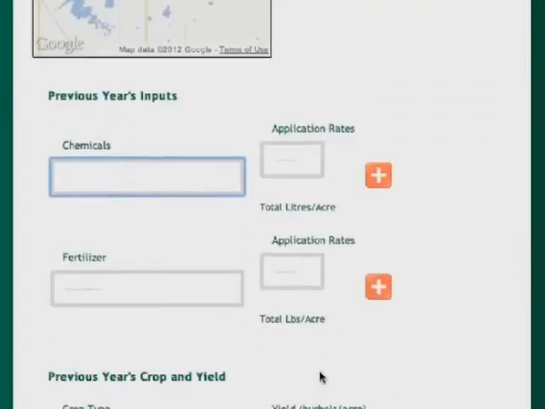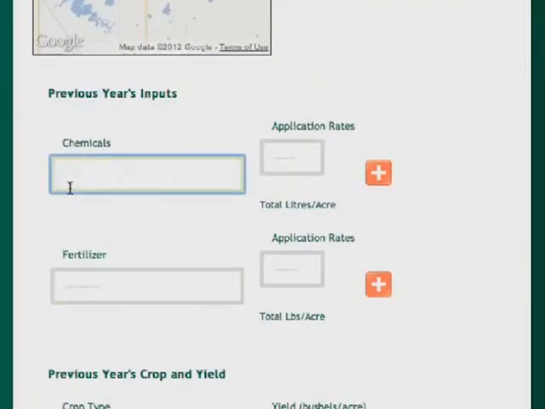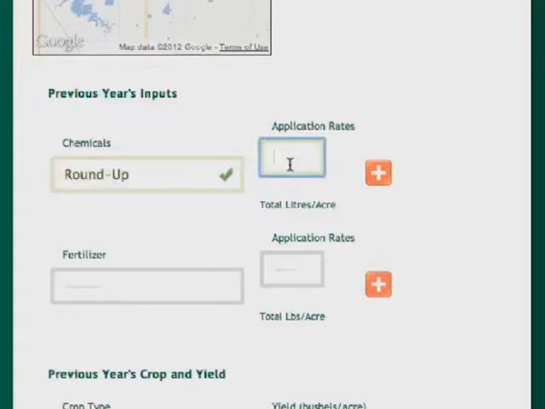The next boxes you're going to see, if you scroll down a little bit, are chemicals. These are the chemicals that were previously on your land over the last year, so the previous year's inputs. For example, if you used Roundup in the last year, or it was applied to the land, you would simply type in Roundup. As well, the application rates that were put on in the previous year, for the total year.